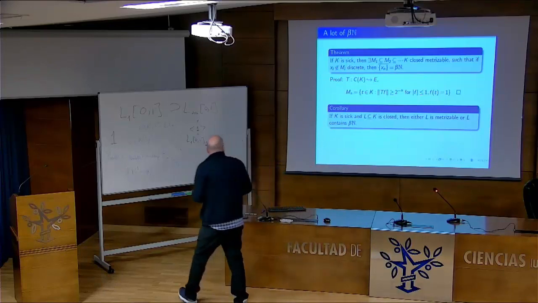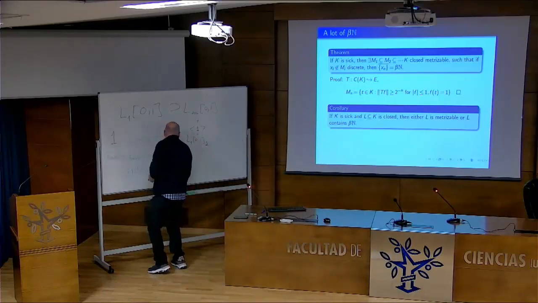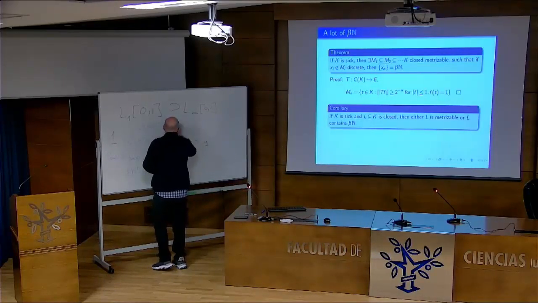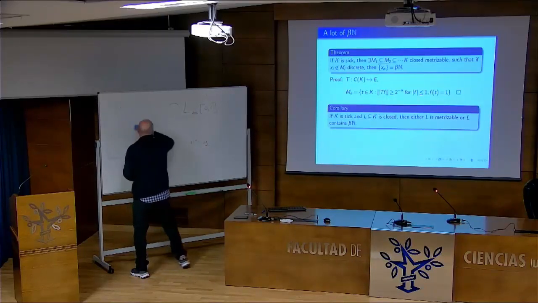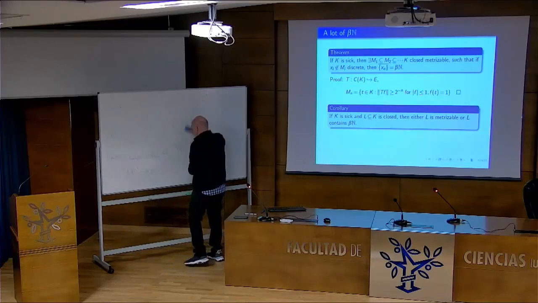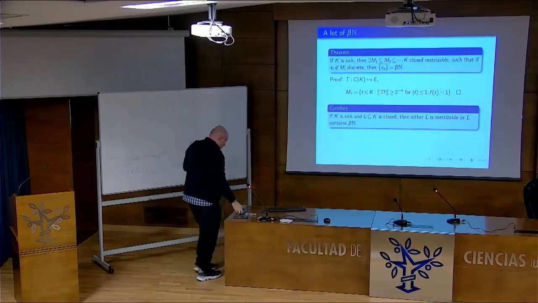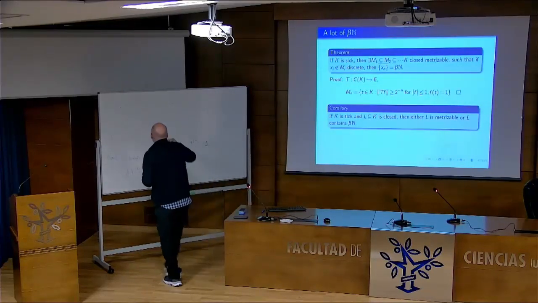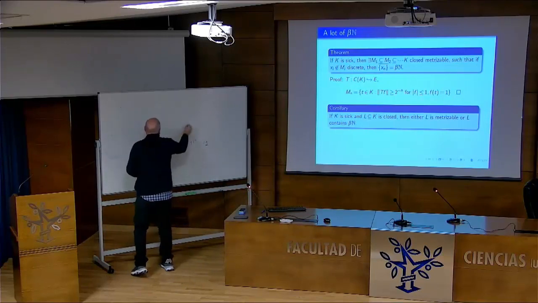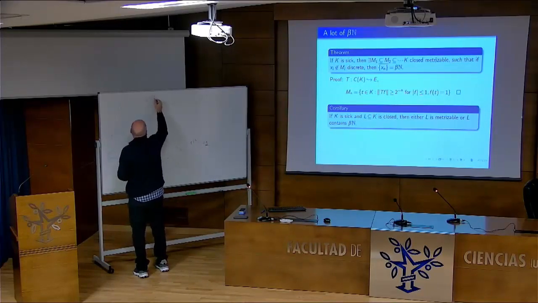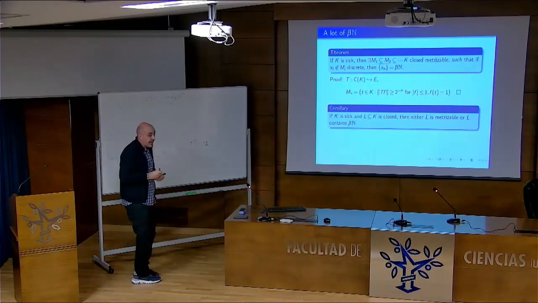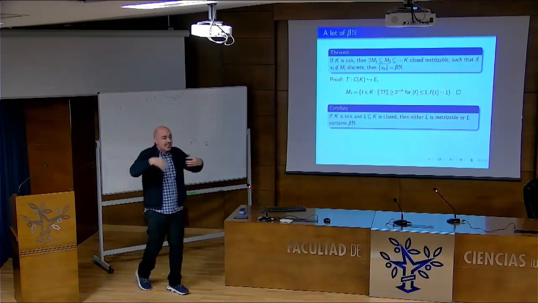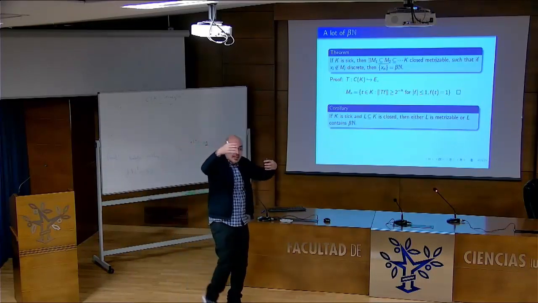So the picture that we have after this is that I could draw here some big class that I can call CK analytic. These are all the compact spaces whose C of K can be viewed as an analytic set, for instance, an analytic set inside the space of Baire functions.